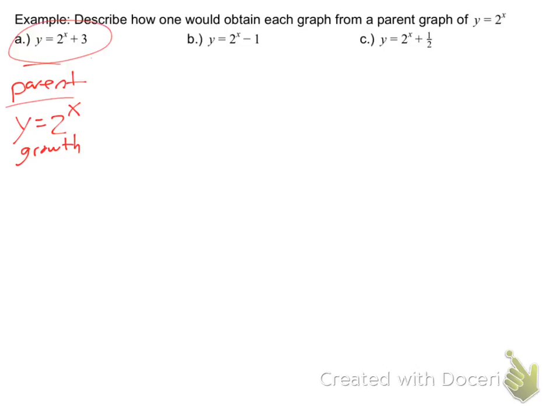This is growth. It's y equals 0 because that's our asymptote. All parents have a y-intercept at 0, 1. And since it's growth, I'm going to put 1 in. When I put 1 in, I get 2 to the first power, which is 2. We have not changed that. That's going to happen every single time. If it's decay, I'm going to put a negative 1 in. The same thing's going to happen.